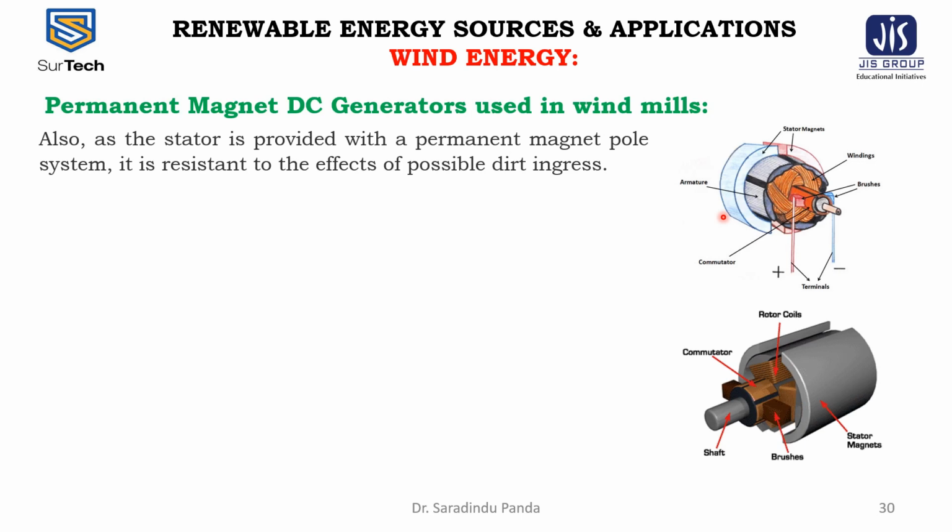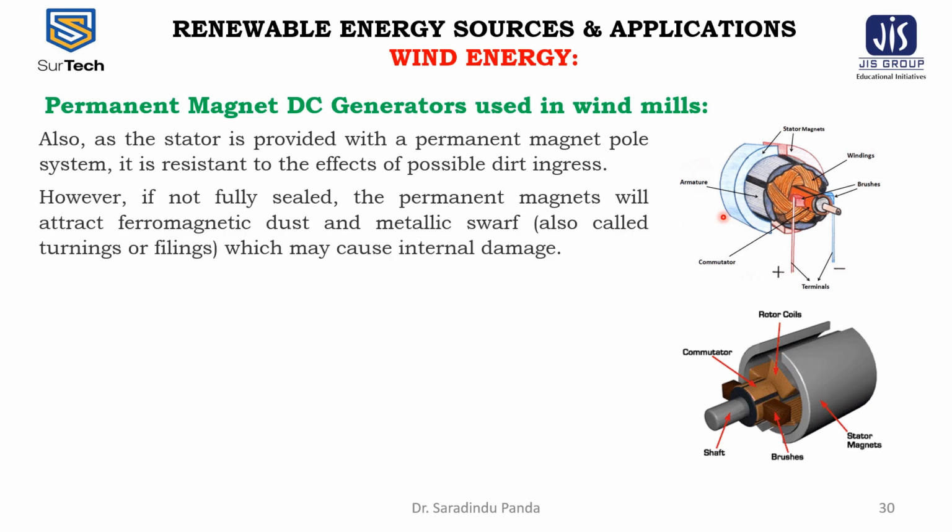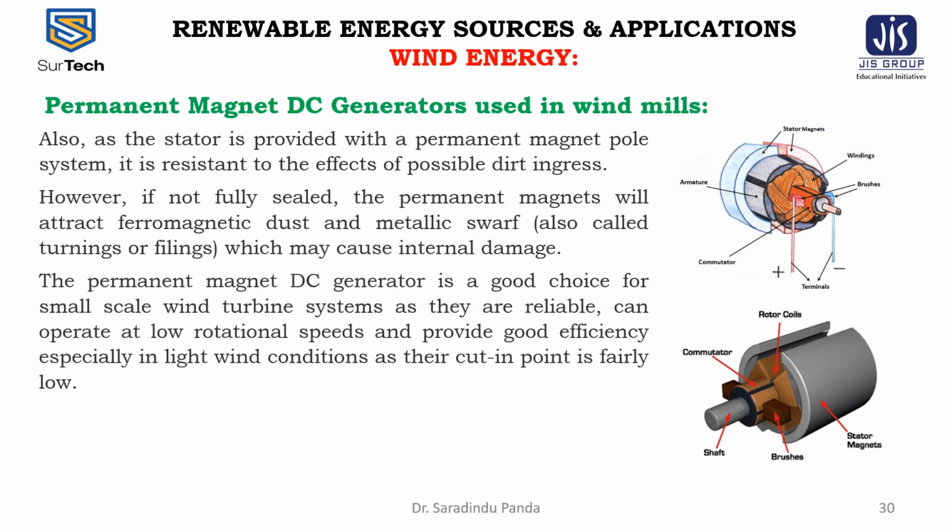Also, as the stator is provided with a permanent magnet pole system, it is resistant to the effects of possible dirt ingress. However, if not fully sealed, the permanent magnets will attract ferromagnetic dust and metallic swarf, also called turnings or filings, which may cause internal damage.